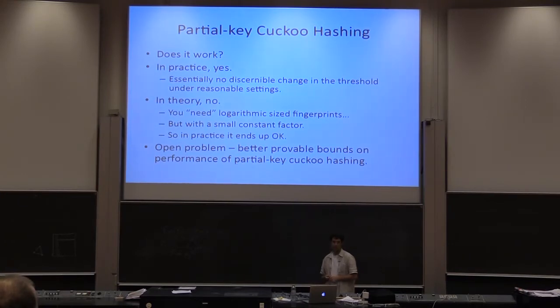If you have perfectly random hash functions, you would fail because, essentially, what you can show is, remember, think of having 2 buckets, each of which can hold 4 things.